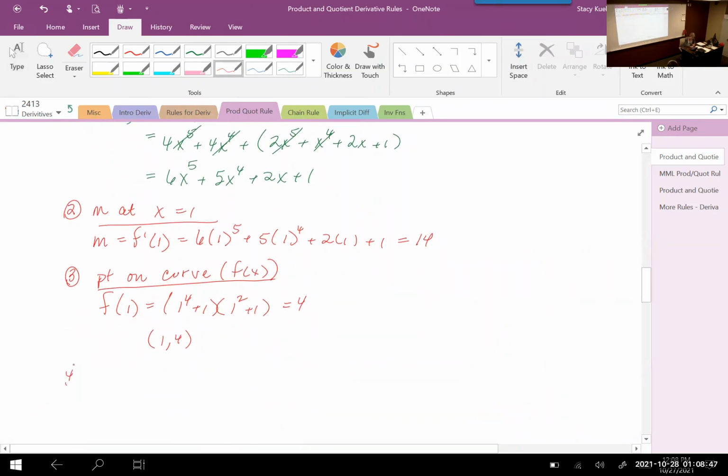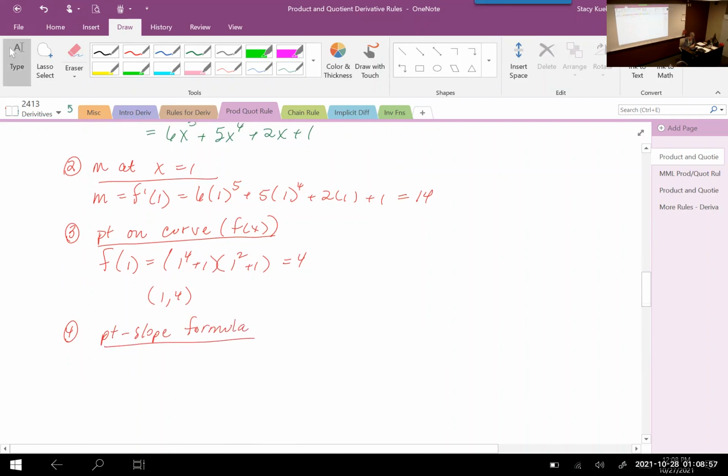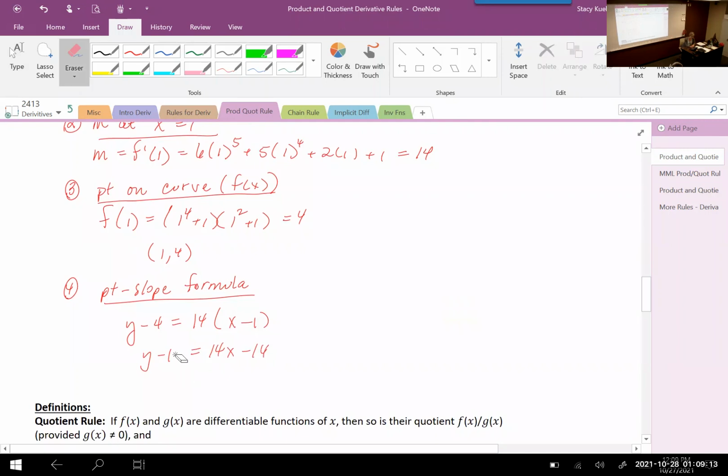And then we can use the point slope formula. Y minus Y1 is equal to M times X minus X1. Or Y is equal to 14X minus 10.